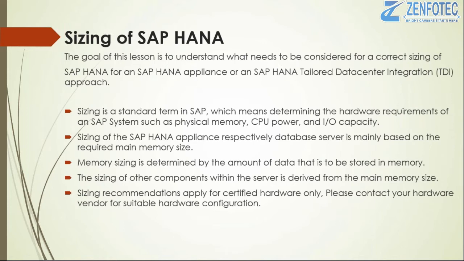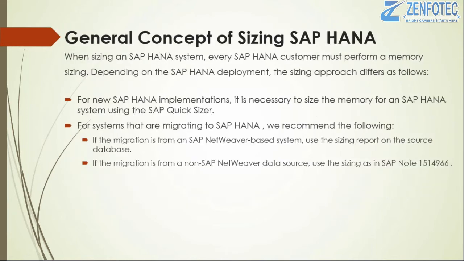So, the general concept for sizing for the HANA database. When we do sizing for SAP HANA systems, every HANA customer must perform a memory sizing depending on the HANA deployment. Here, deployment is nothing but scenario.